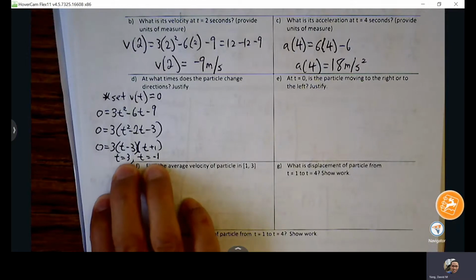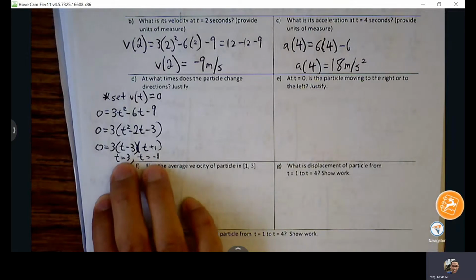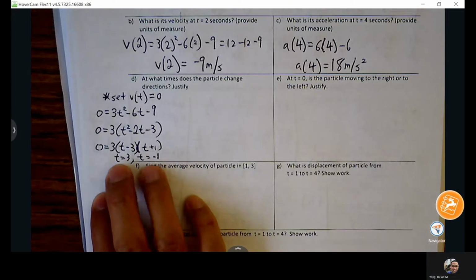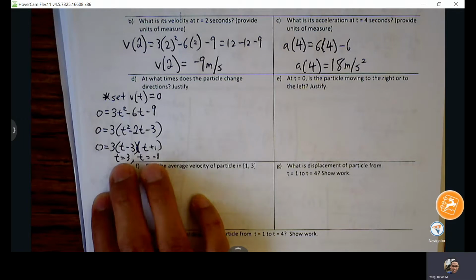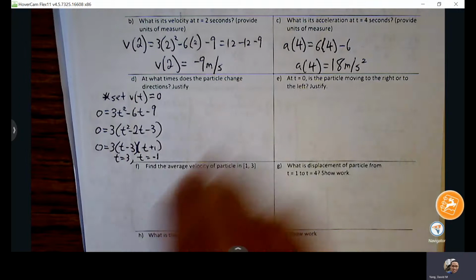All right, we want to populate our velocity sign line, but do we keep both these values? -1 and 3 both fall in our domain. Is there anything that indicates whether we keep a value or not? Where does it say?